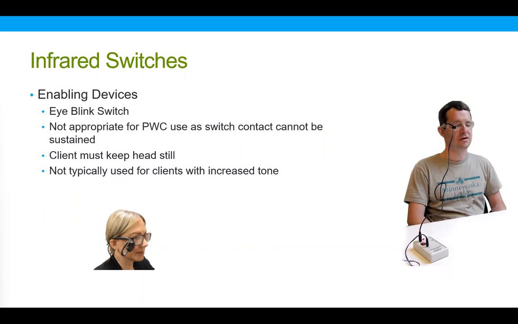And during that time, while I'm waiting for my scan and I blink again, I might run into something. So using this for a power chair is just not a real safe option. There is an eye gaze system for a power chair that would be a safer option that most people who could use an eye blink switch would be able to use.